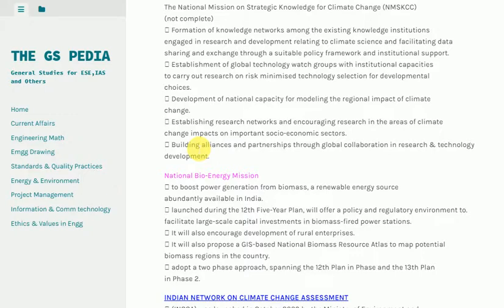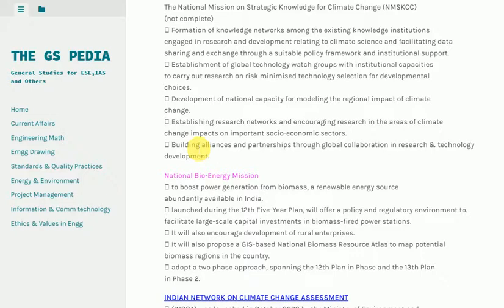Engaged in research and development relating to climate science and facilitating data sharing and exchange through a suitable policy framework and institutional support. Establishment of global technology watch groups with institutional capacities to carry out research on risk-minimized technology selection for developmental choices.